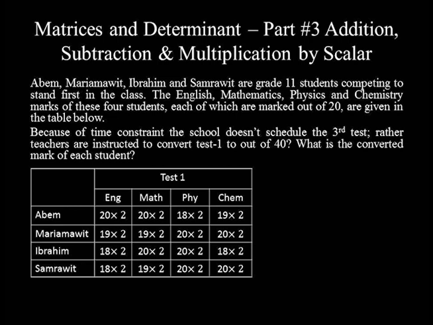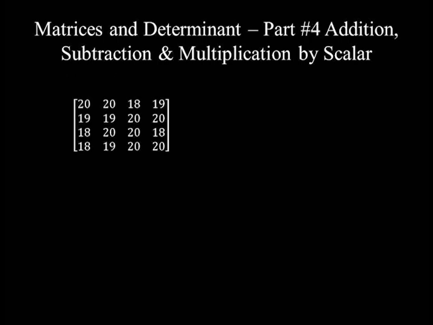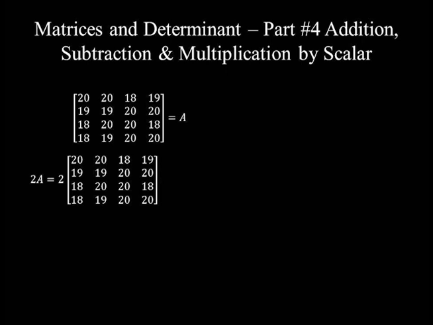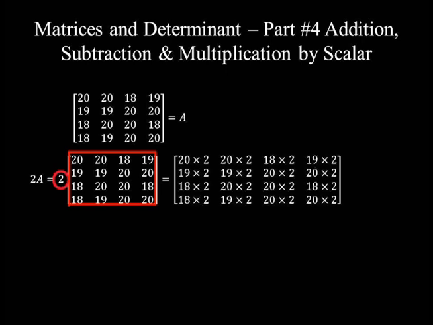As we discussed above, this tabular data can easily be transcribed into matrix form just by removing row and column headings and the straight lines that separate the rows and columns. If we assign this matrix equal to A, then we get 2 times matrix A. Just like tabular data above, this 2 outside the square bracket has to multiply each element of matrix A. Therefore, multiplication of matrices by scalar can be defined as follows.